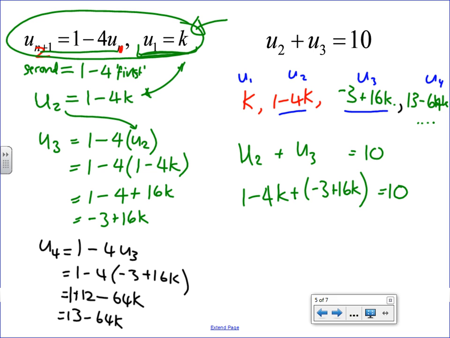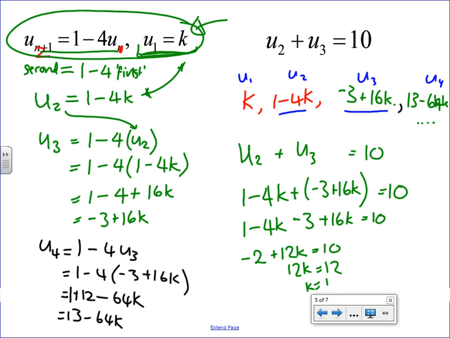And then it's just an equation in k that we can rearrange. So 1 minus 4k minus 3 plus 16k is 10. Minus 2 plus 12k is 10. So 12k is 12. k is 1. Easy peasy.